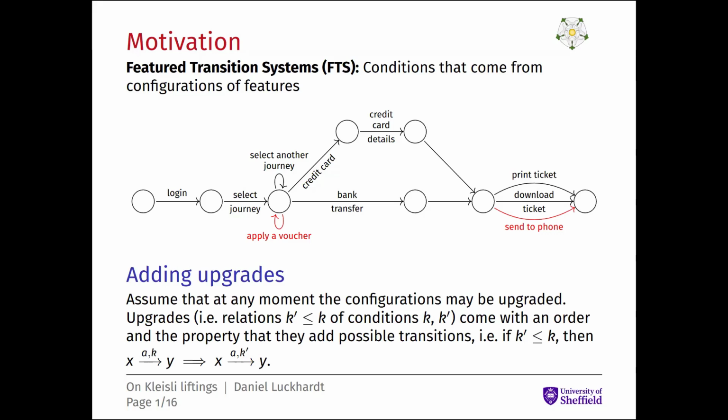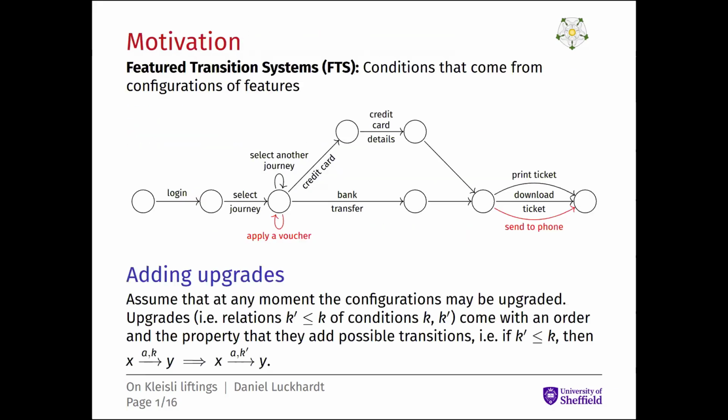And we will assume some structure. So upgrades are coming one after another. So there is an order on upgrades, and the convention is that if the upgrade is smaller, then it inherits all possible transitions from the previous larger stages.